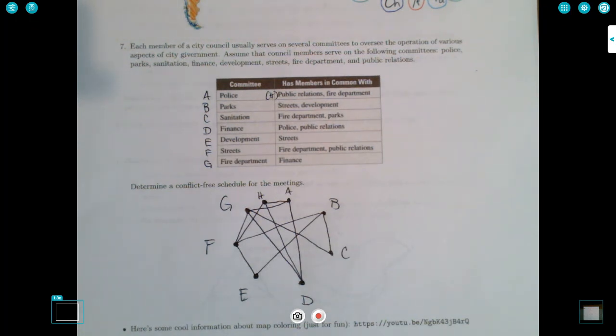Goodness gracious. A conflict-free schedule. So you can also do this with a coloring system.